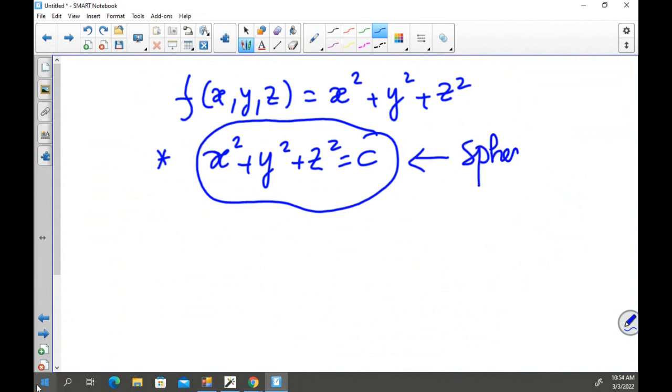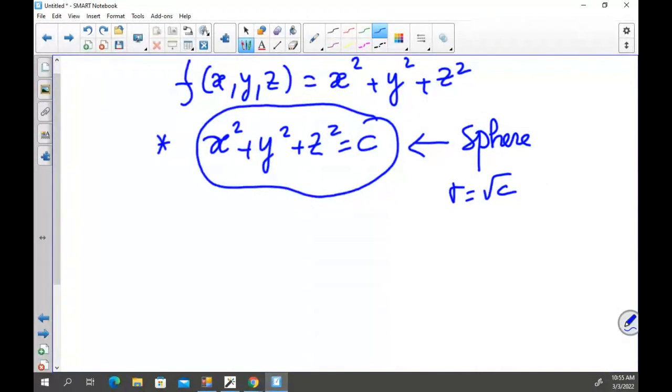Yes, it's a sphere of radius square root of c, whatever the c is. So if you have a function with x, y, z, then we're talking in that case of level surfaces, not level curves. Do you understand it? Yeah. So it's like this. Okay. So that is this question, just general.